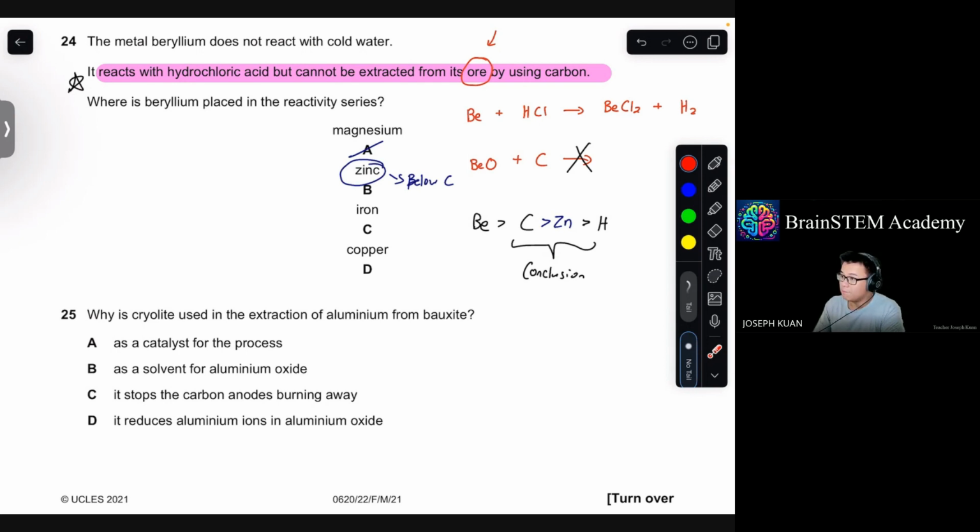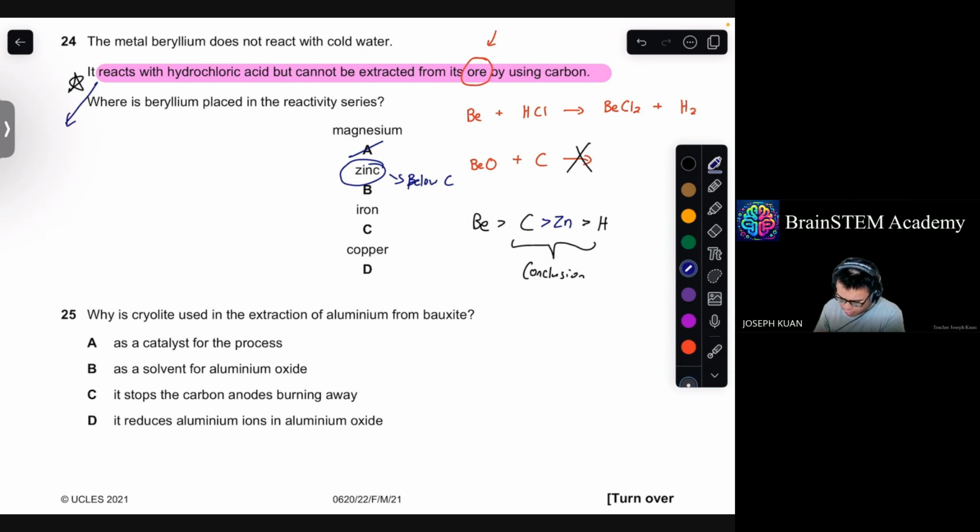So the best answer here for question number 4 is A. This is not an easy question because it relies on your memorization of the reactivity series and also your understanding of the displacement reactions.